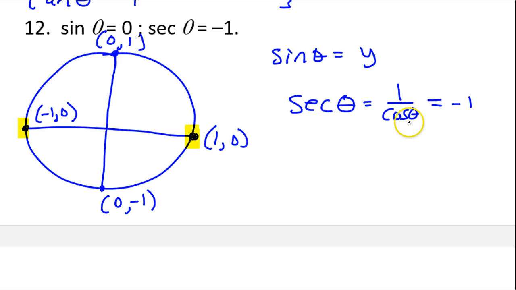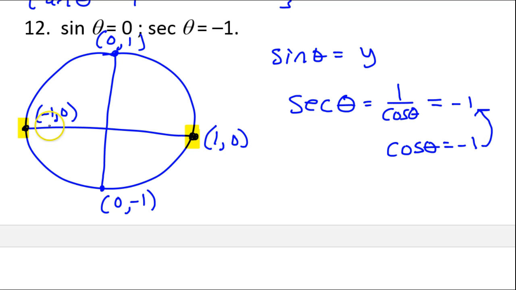Well, guess what? The only way that's going to happen is if cosine itself is negative 1. You know, the reciprocal of negative 1 is negative 1. So indirectly, they're telling us that the cosine is negative 1.